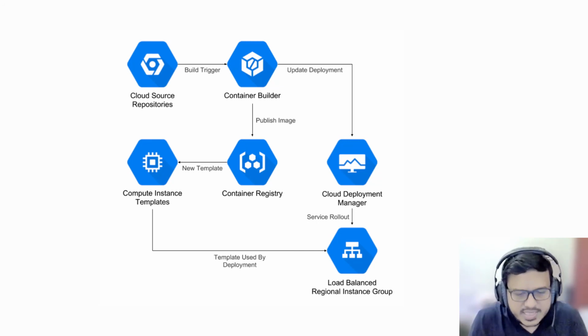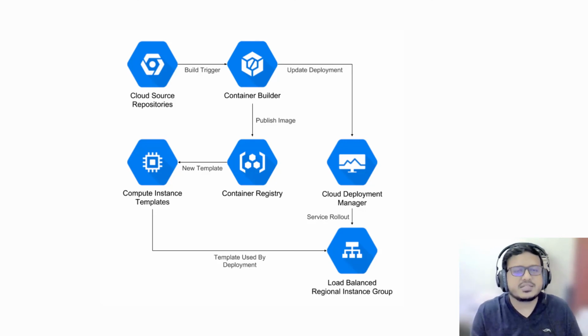So say you want to have a LAMP server, Linux, Apache, MySQL, PHP, or you want to have a MEAN stack with MongoDB and so on, and you want the template to be created as infrastructure as code, you can do it with the Google Cloud Deployment Manager and use that ready-made template from the GCP marketplace.